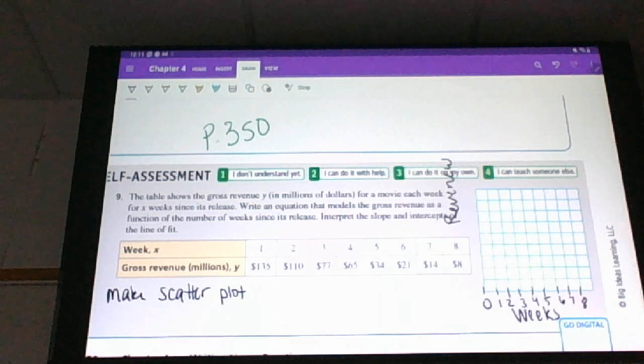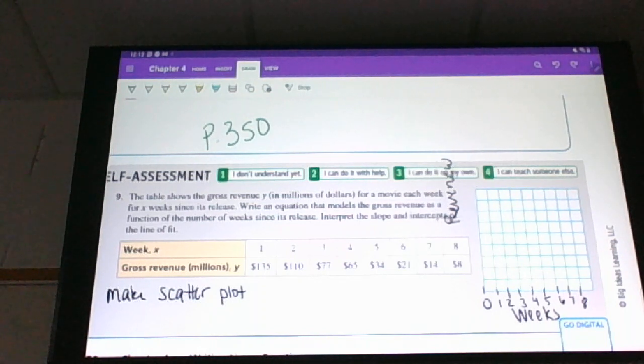So how am I going to do this? It ranges from 8 to 135. If we go by tens, 10, 20, 30, 40, 50, 60, 70, 80, I think it's a 90. Should we go by 20s? Yeah, I'm just going to keep going.